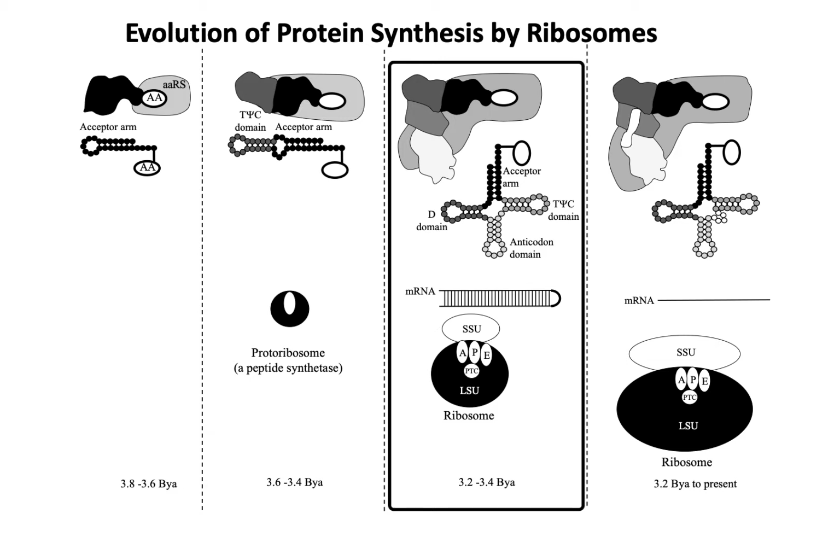A further elaboration on that is then the tRNA duplicates in size, or doubles in size, and the ribosome gains these A, P, and E sites. The A site being a duplication of the P site, and it holds onto the tRNA longer. So linking amino acids together is done with higher fidelity and more efficiently.